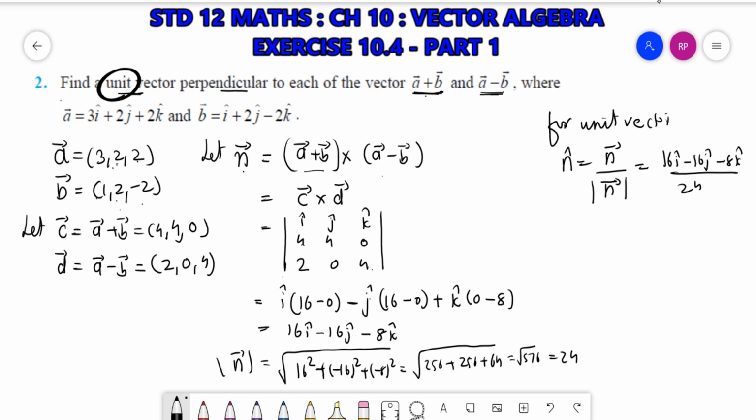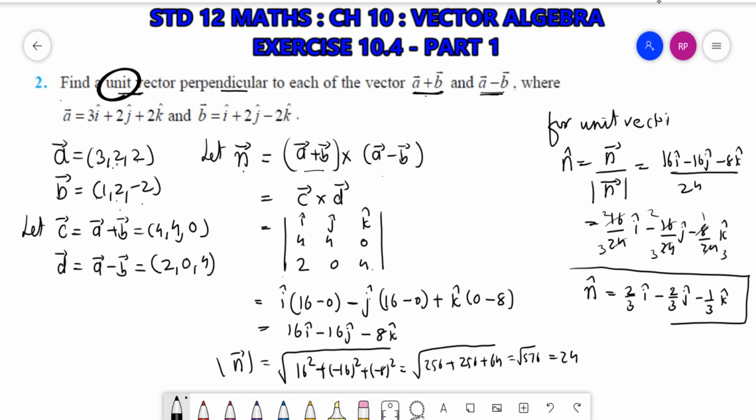So this will be 16 by 24 I minus 16 by 24 J minus 8 by 24 K. The required unit vector perpendicular to both a plus b and a minus b will be, 8 2s are 16, 8 3s are 24, so this will be equal to 2 by 3 i minus 2 by 3 j minus 1 by 3 k.